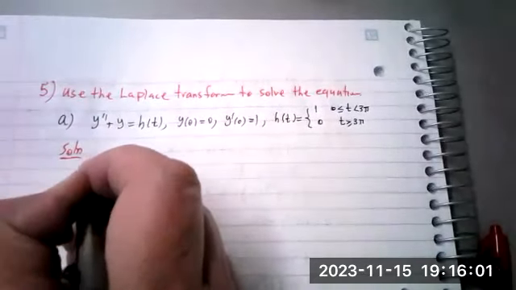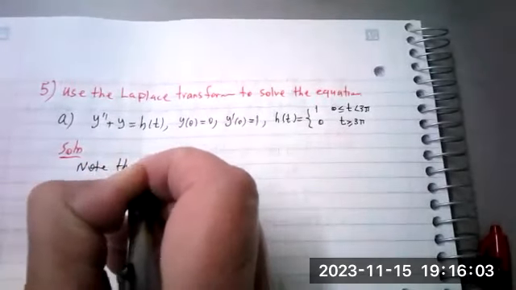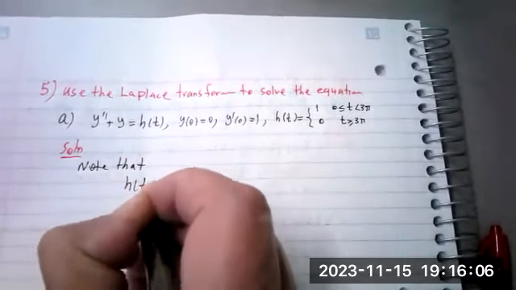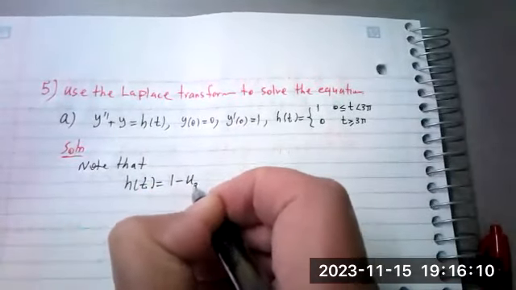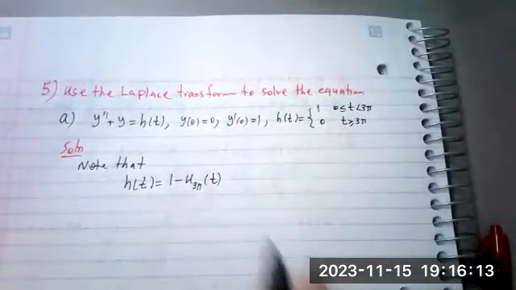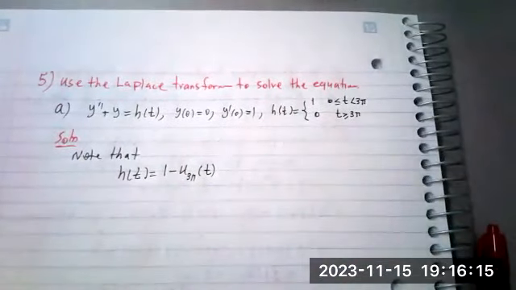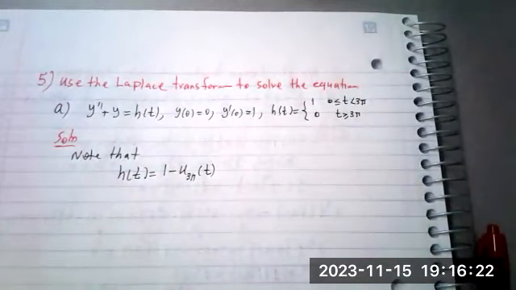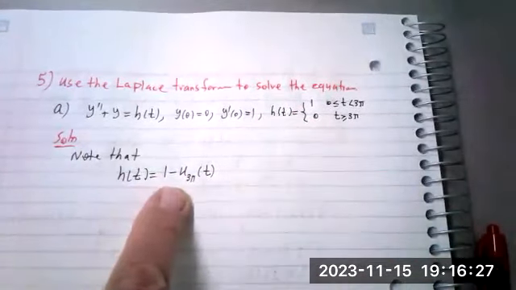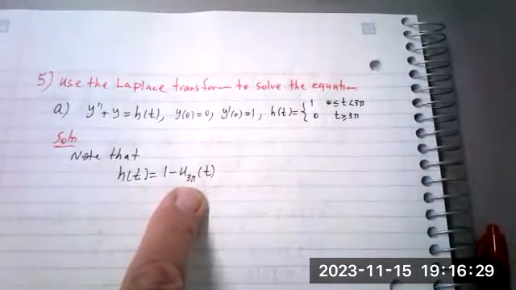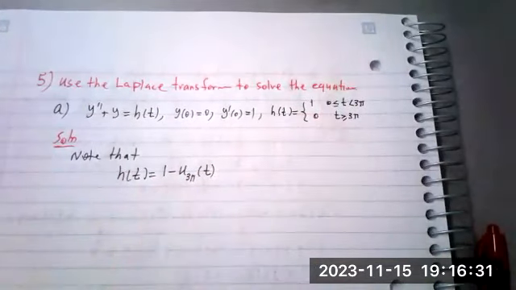So note that your h of t is going to be 1 minus u of 3 pi t. Okay, because they flipped 0 and 1. So it's going to be 1, 0. You change it because 1 minus u 3 pi t, when you subtract it, you get the same one.